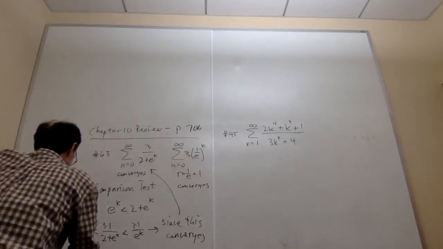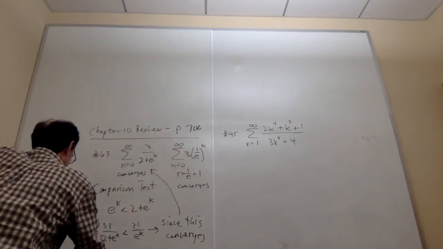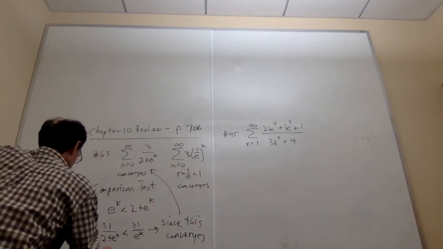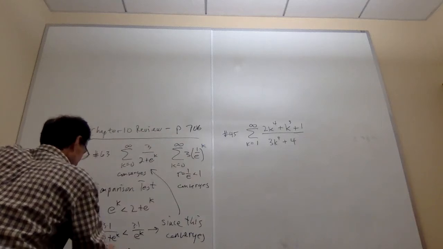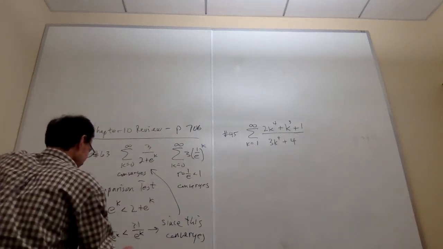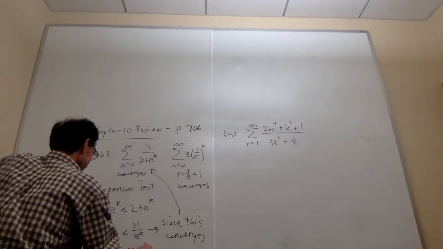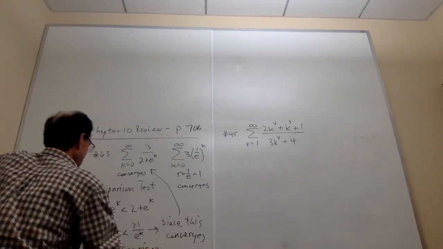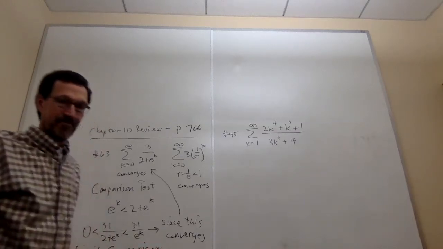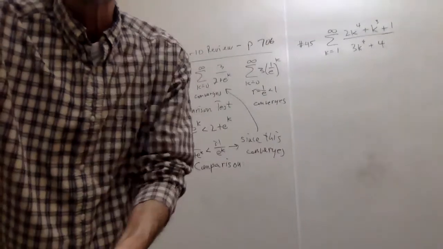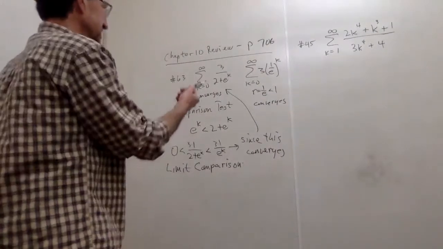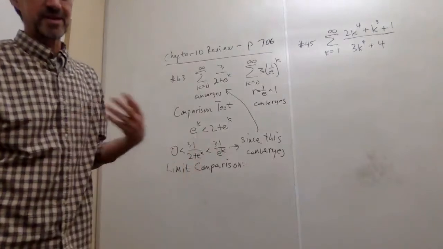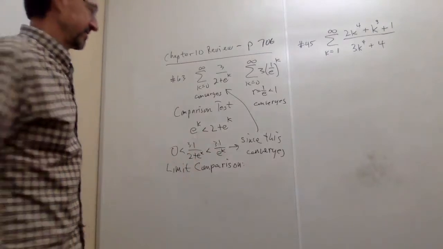Now, limit comparison. By the way, we don't need two tests. I'm just showing you, I'm comparing them, so to speak, side by side. Remember limit comparison, we still have to dream up a comparative series.